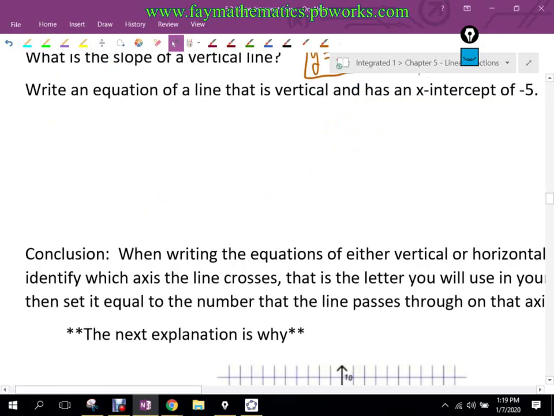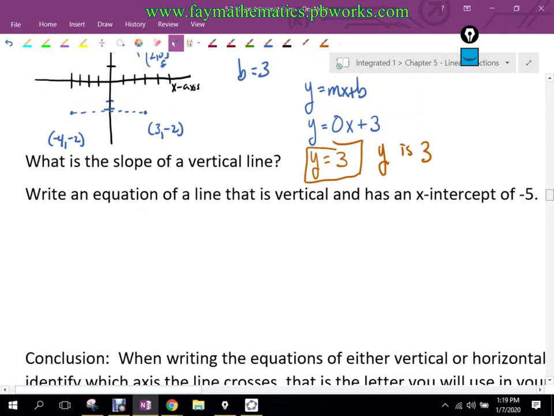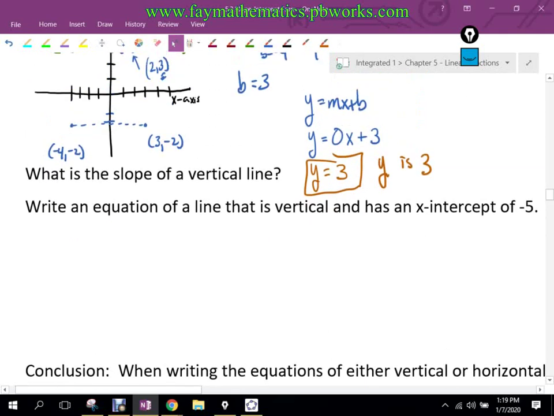Okay. Now, let's do this, because it's a little bit different when we talk about a vertical line. When I talk about a vertical line, let's say we have a point like (2, 3) and a point like (2, -4).